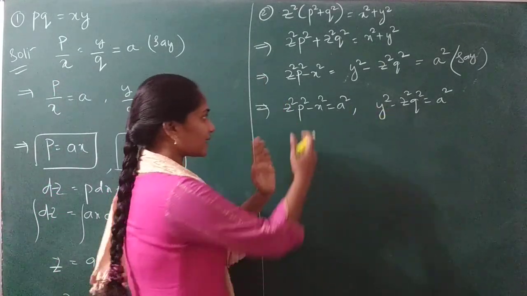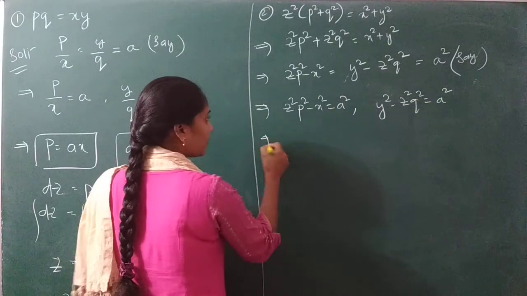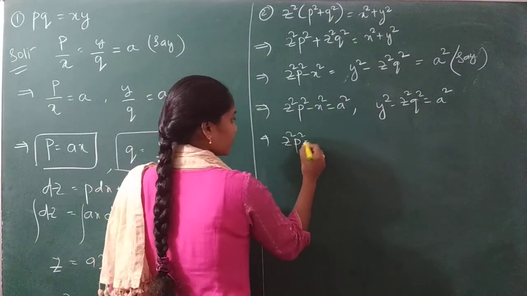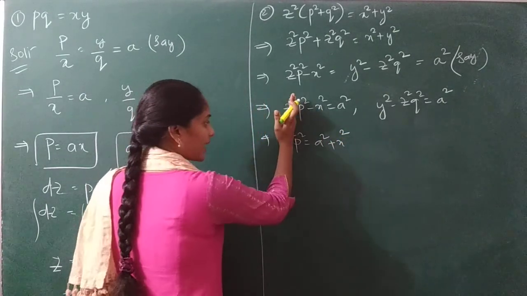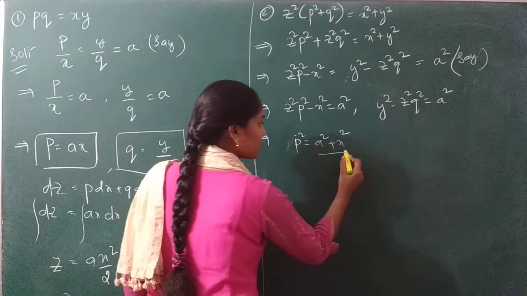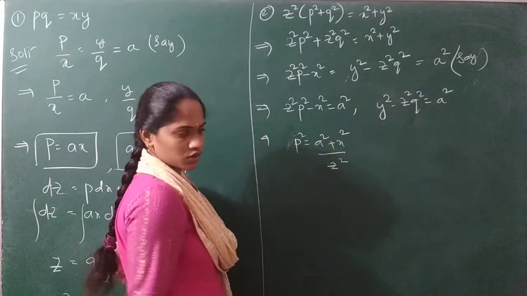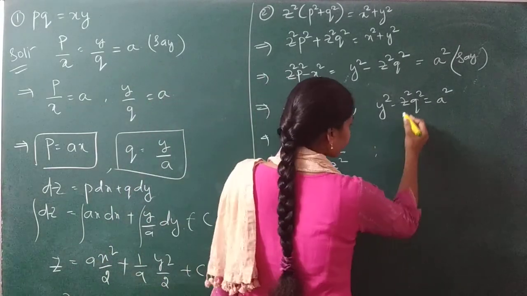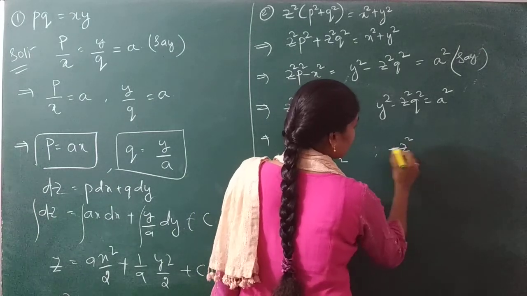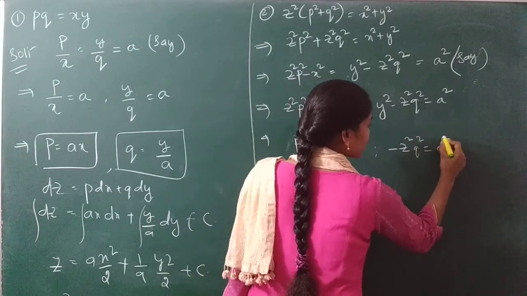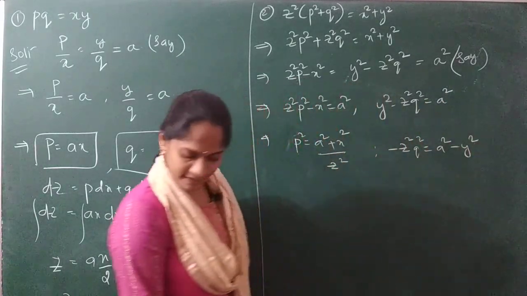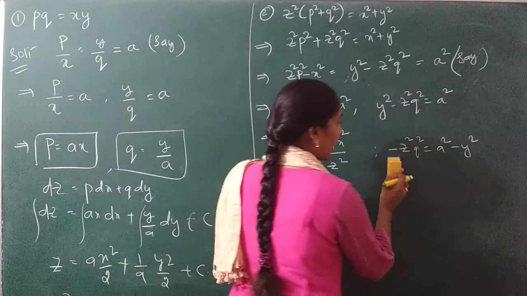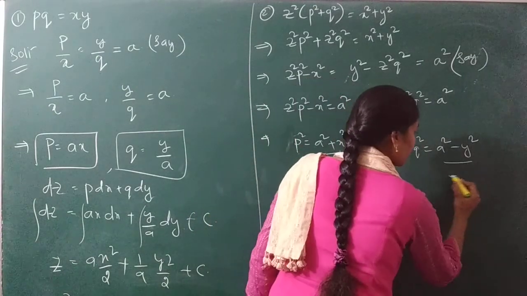So take this x square to the RHS again: a square minus a square, it becomes plus a square. If you transfer z square also, what becomes it? Denominator z square. Now same here: if you minus z square q square, a square minus y square, if you transfer minus z square, what happens here? Minus z square.